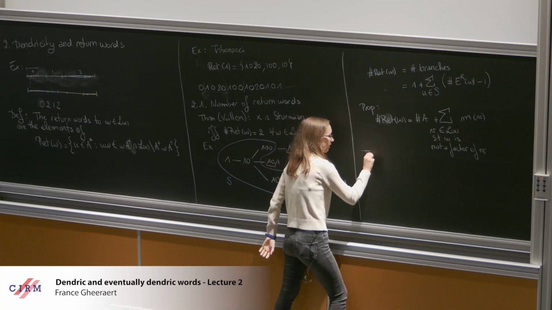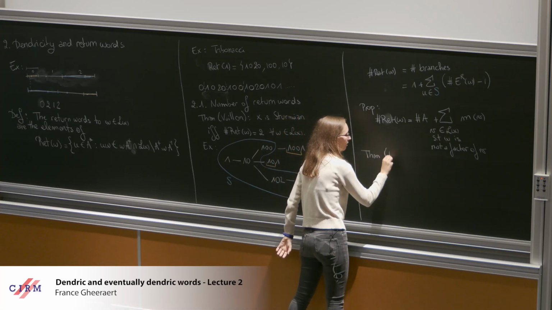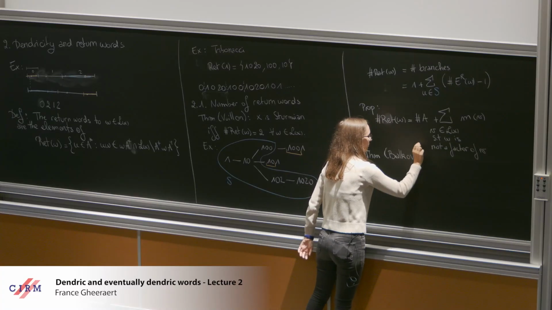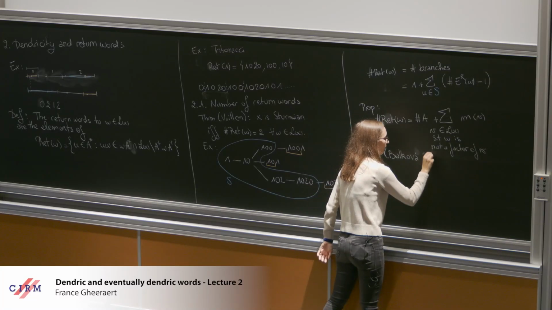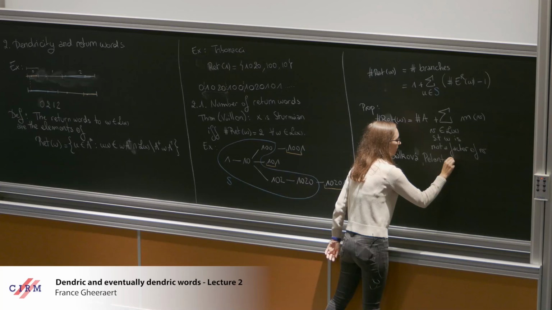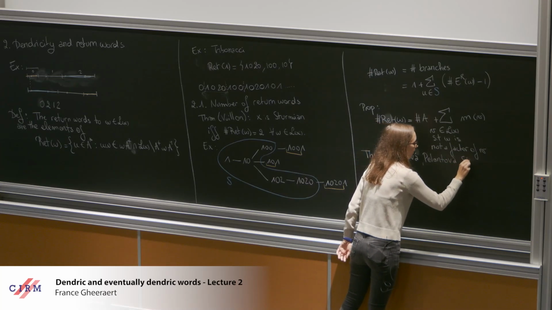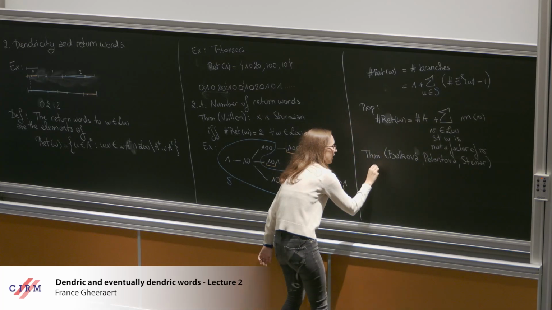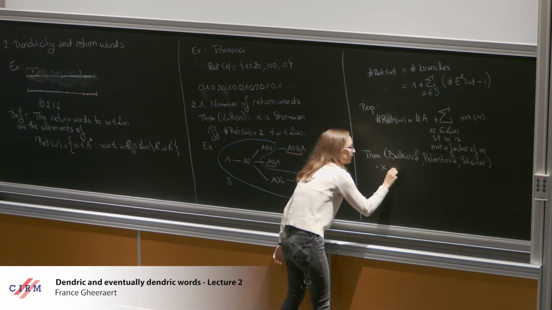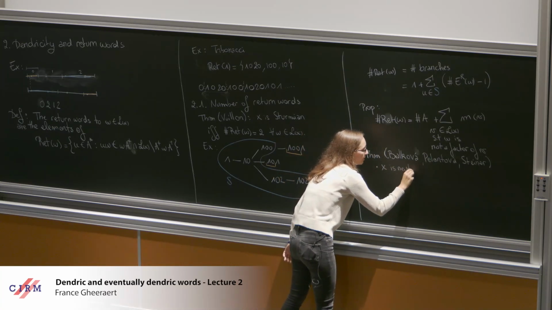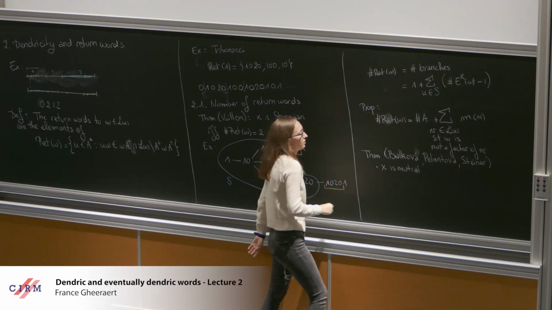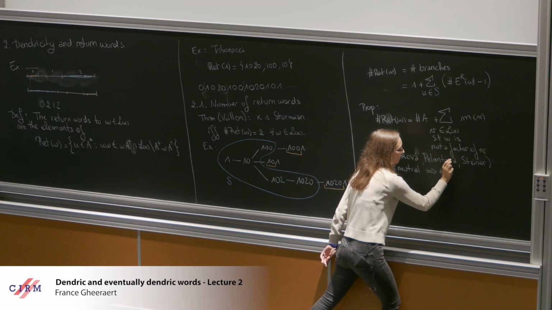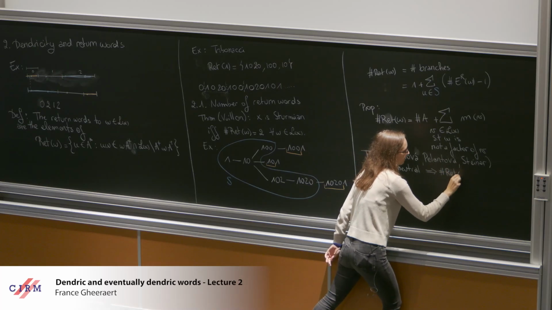And so we have this result by Balkova, Galantova, and Steiner that says that if your sequence is neutral, so if all of the multiplicities are equal to 0, then the number of return words is always equal to the number of letters.